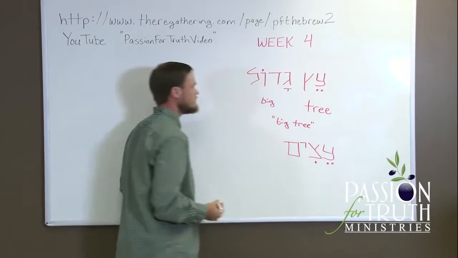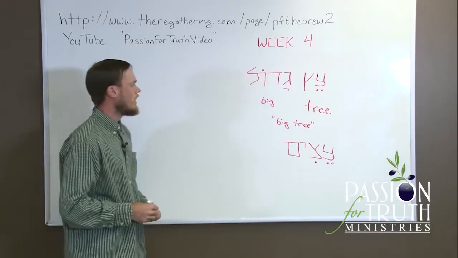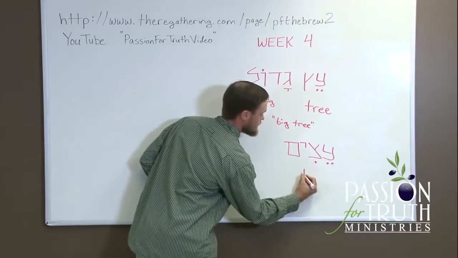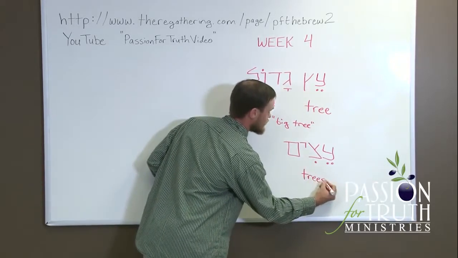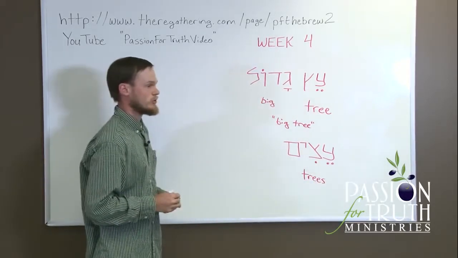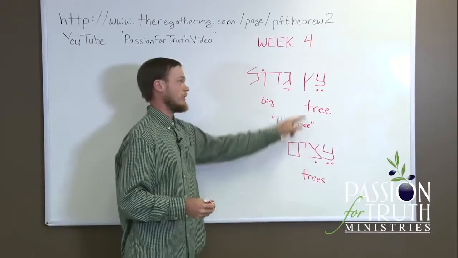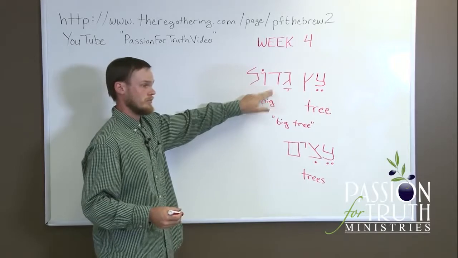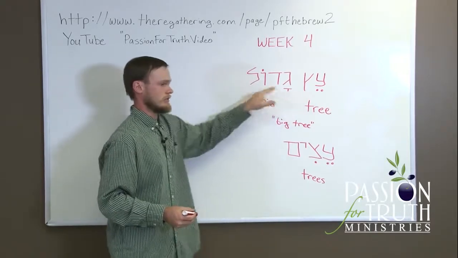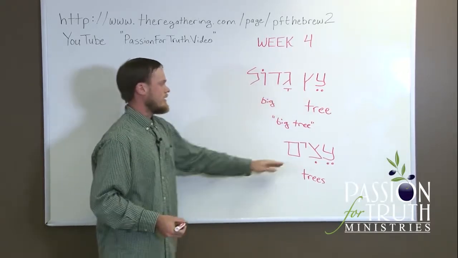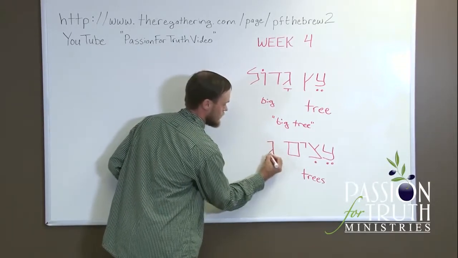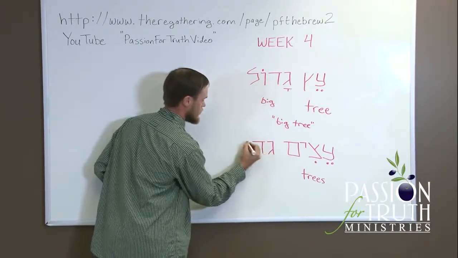If we're to speak of big trees, though, we have to change the form of the adjective to match the number of the noun. Okay, so eitz is singular, and gadol is the singular form of big. It's also masculine. For eitzim, we can't say eitzim gadol, because gadol is singular.